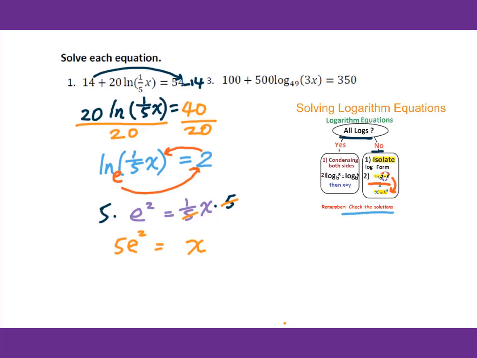Then check the solution. You have 5e squared. 1 over 5x is the only argument. We plug in, and this is a positive. That means this will be the real solution.